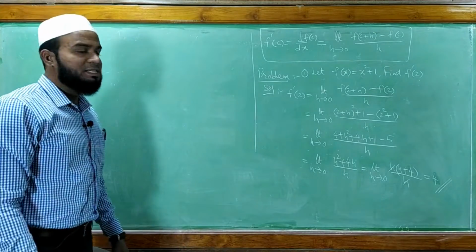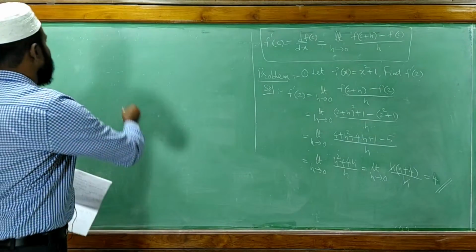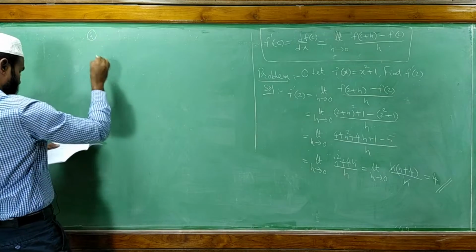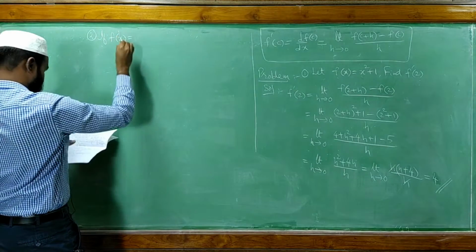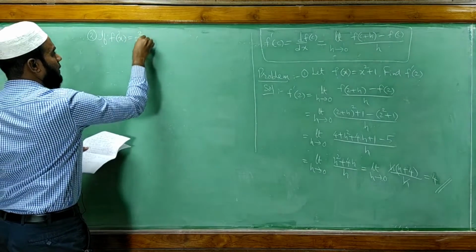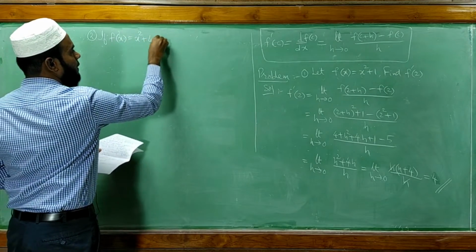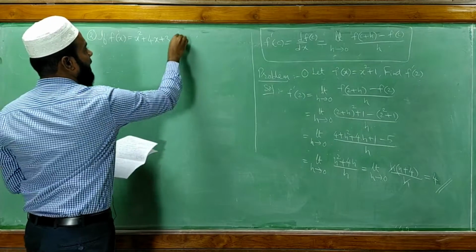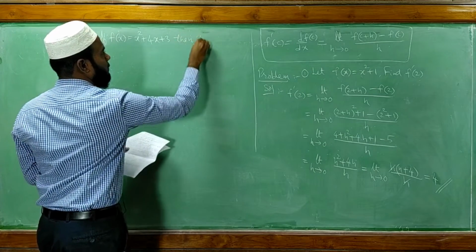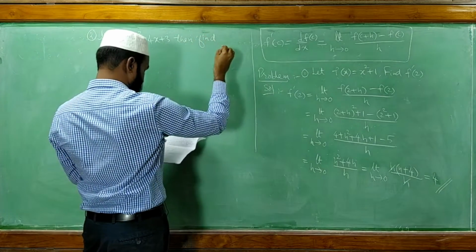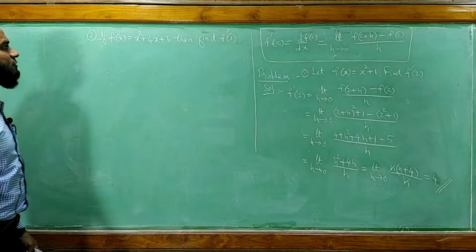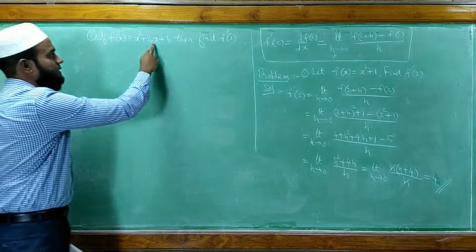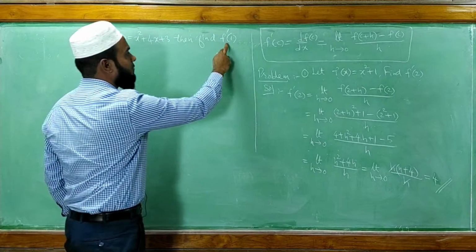Okay students, we will see one more problem similar to this. That is the second problem. If f of x equals x square plus 4x plus 3, then find f dash of 1. Right? The given function is f of x equals x square plus 4x plus 3 and we are asked to find f dash of 1.